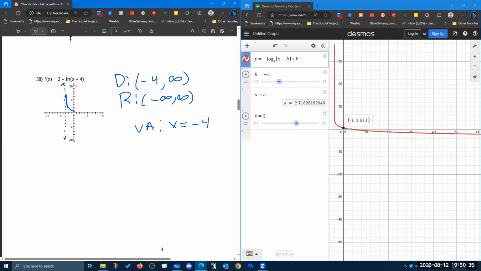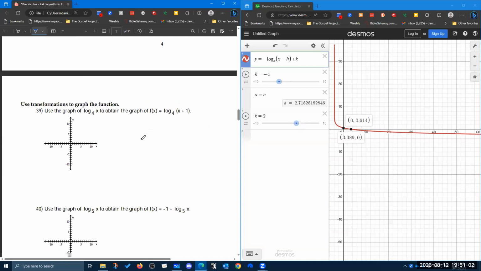So there we go. Across the x-axis at 3.389. So coming like so, and going down like that. All right, just a couple more.